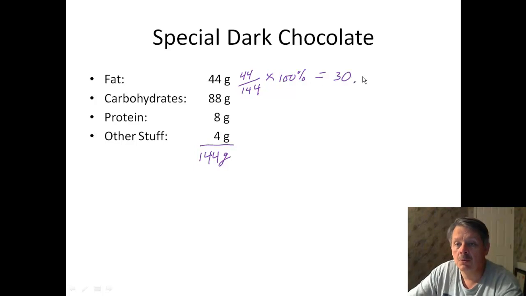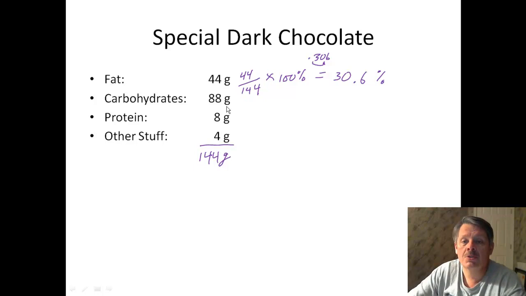If you hadn't multiplied by 100 you would have gotten 0.306. When I do this on a calculator, I'll take 44, divide by 144, come up with 0.306, and then move the decimal point, just because I'm too lazy to multiply by 100. You choose whether you want to do that or not. But this is a percentage.